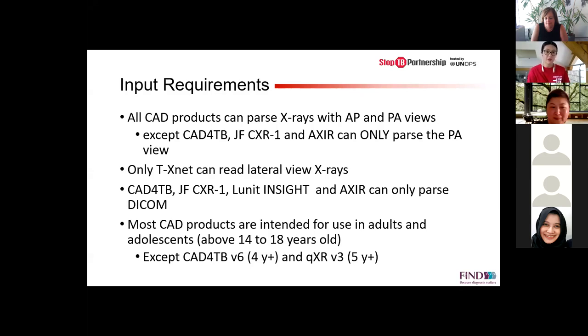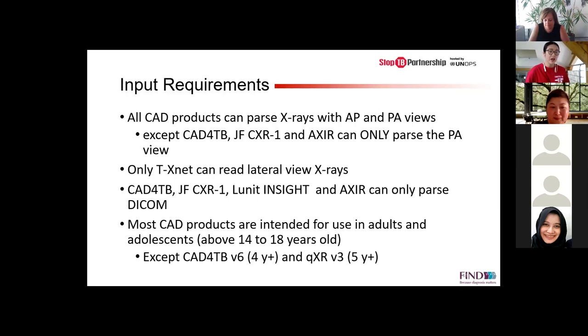So that's important to know. Only one product can read lateral chest X-ray. There are a couple of products that can read DICOM, JPEG, and images in multiple formats, but these four products here can only parse DICOM images.